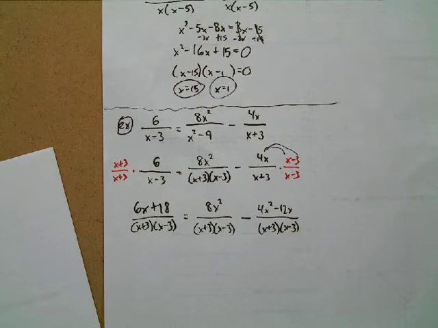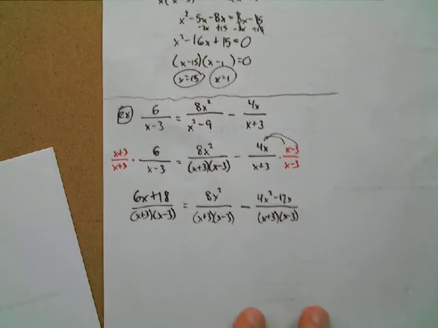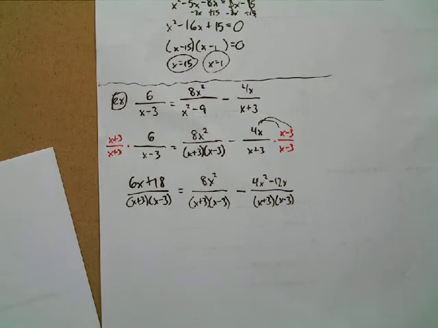Now, in the last problem, we got to this point and I combined these two fractions together, right? We have the same denominator, we're subtracting, so I just put them together. But actually, once you have that common denominator, you can now drop all the denominators with the way it's currently written.